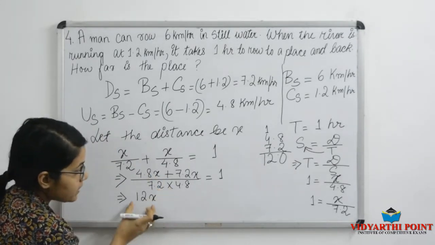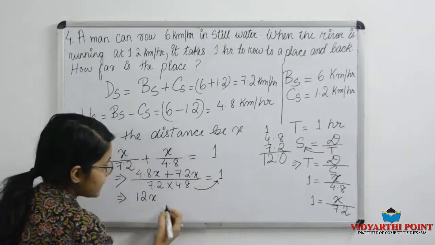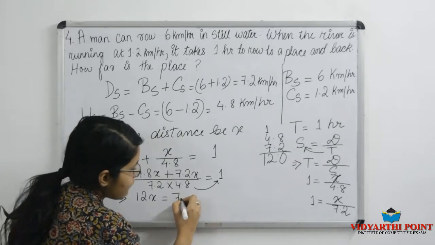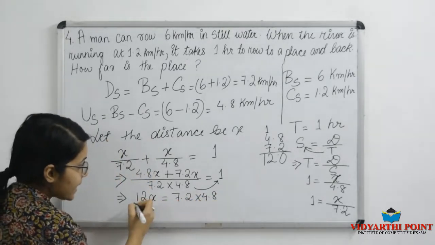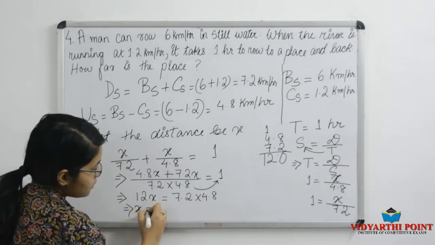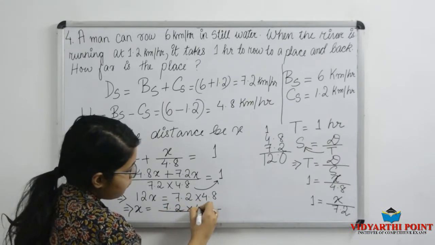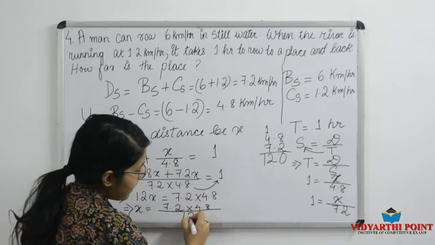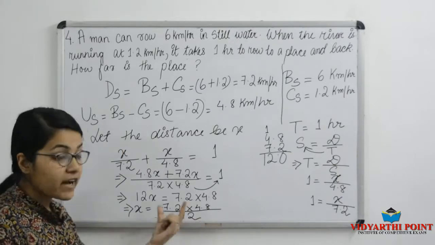Now, the denominator which was supposed to come here, we will cross multiply it, that is 12x equals 7.2 into 4.8. Now, again this 12 will come as the denominator, that is x equals 7.2 into 4.8 divided by 12. Now, we have to divide these two by 12.